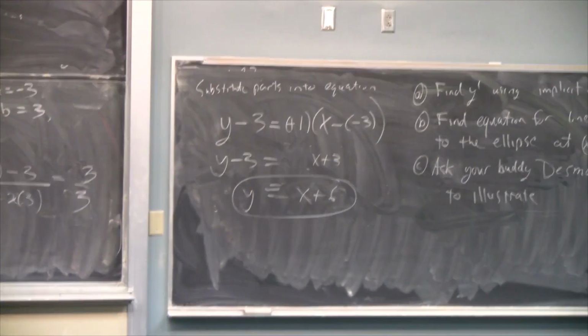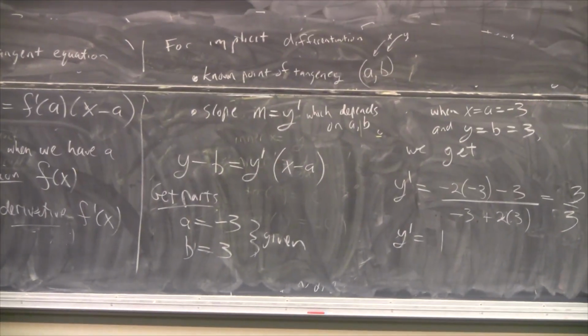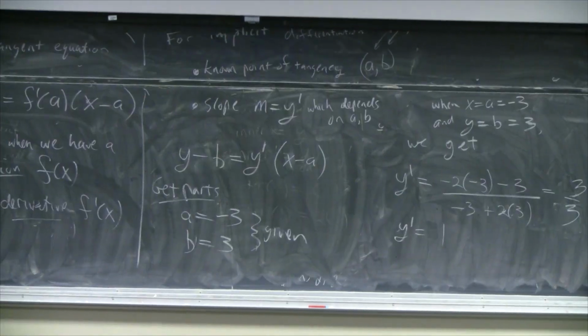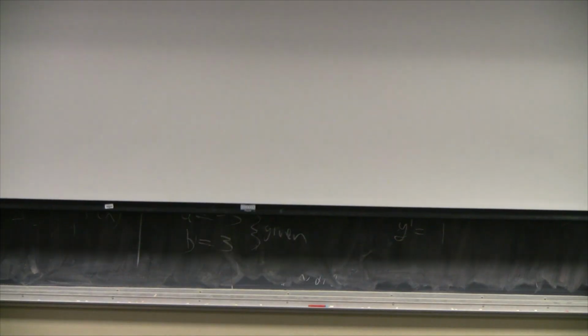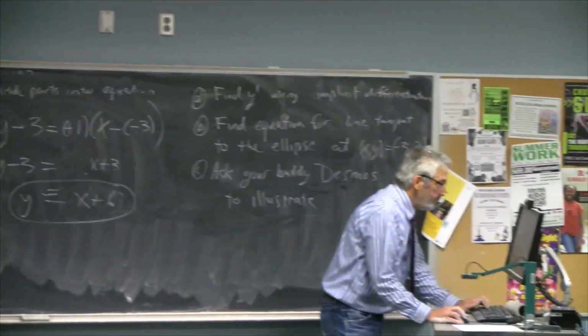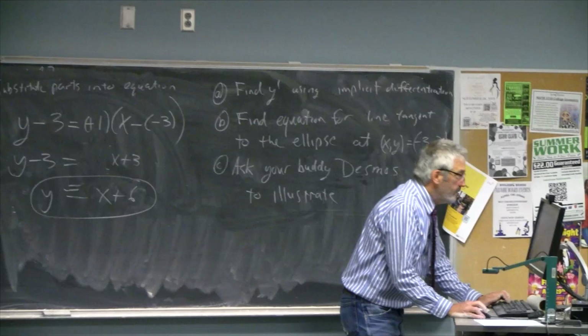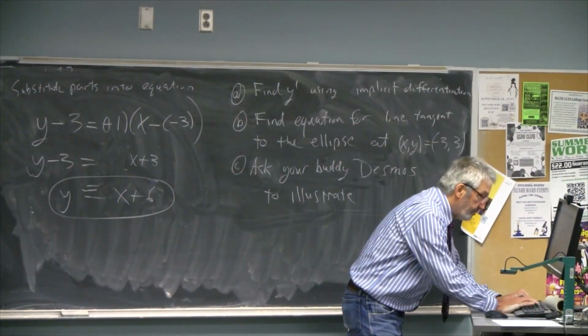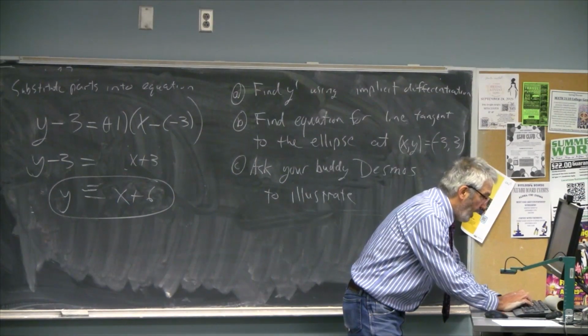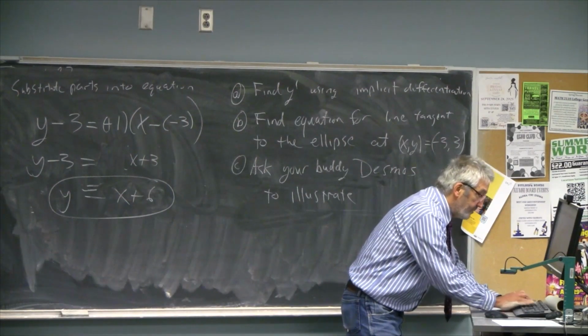Now, let's have a look at this. Get our buddy Desmos. So we have x squared plus xy plus y squared equals 9.